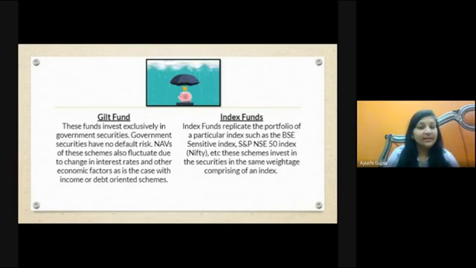And the sixth and last is the index fund, which replicates the portfolio of a particular index, such as BSE, the Bombay Stock Exchange Sensitive Index, and S&P Nifty 50, that is the National Stock Exchange.